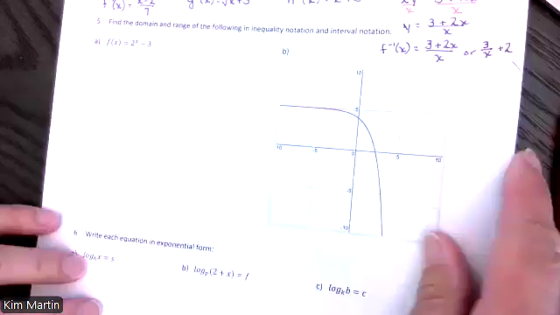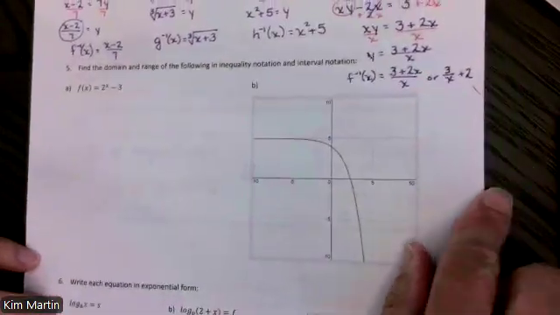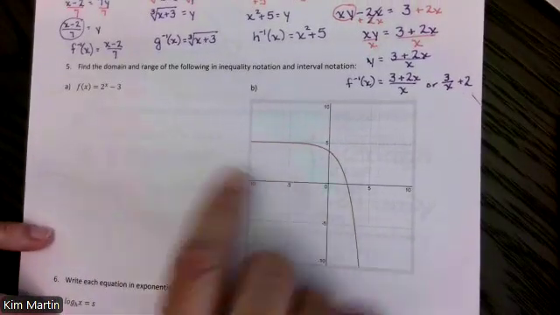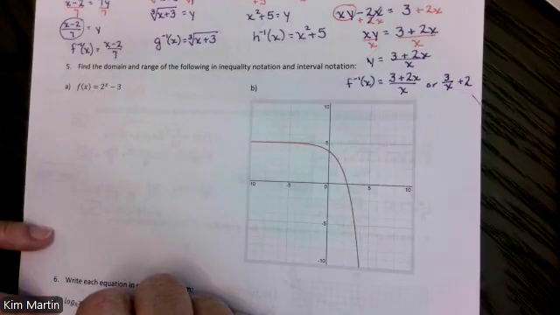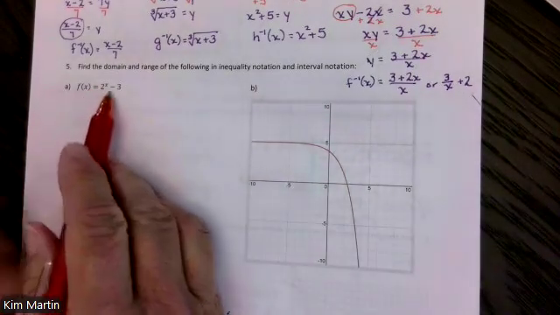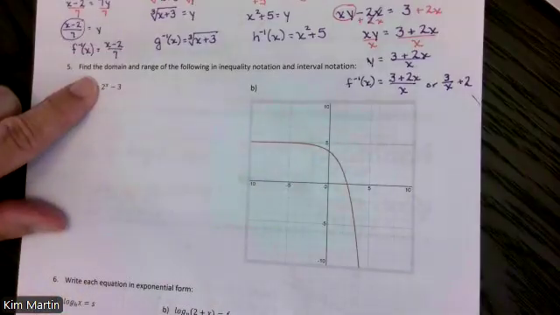All right, number 5. Find the domain and range of the following in inequality notation and in interval notation. Right here, this is an exponential.